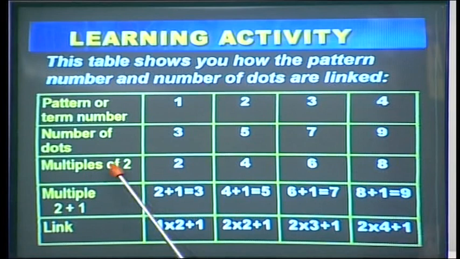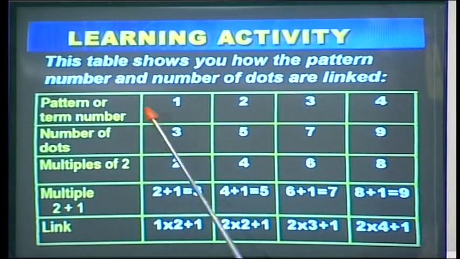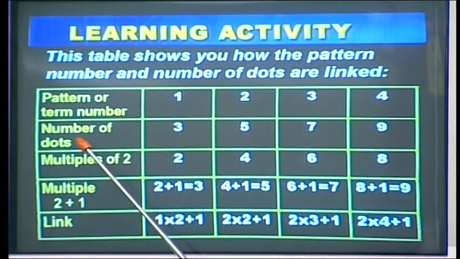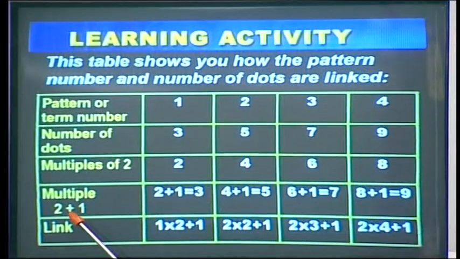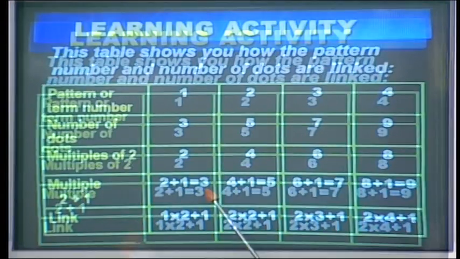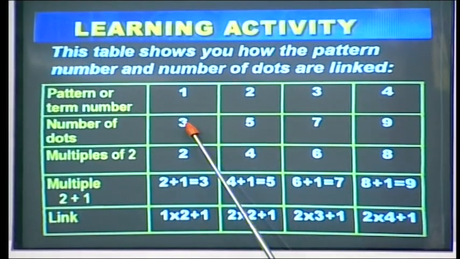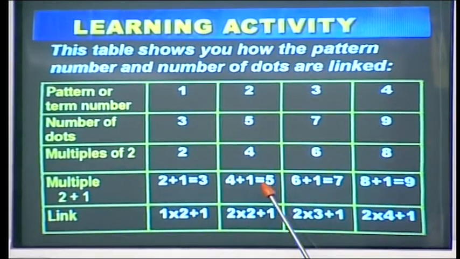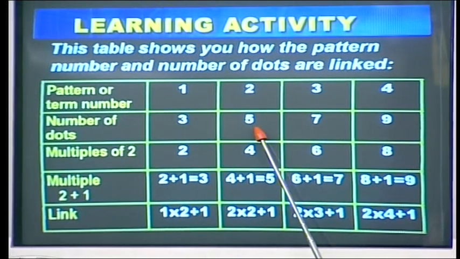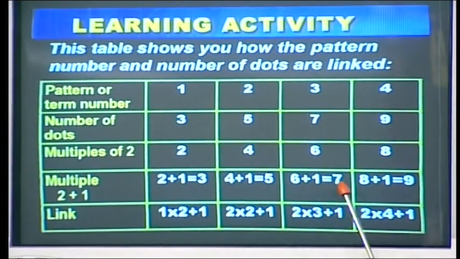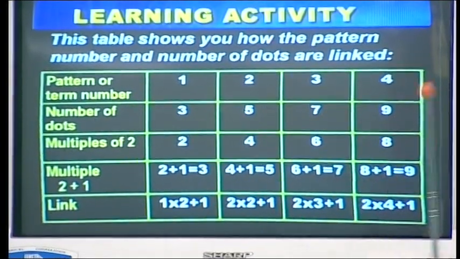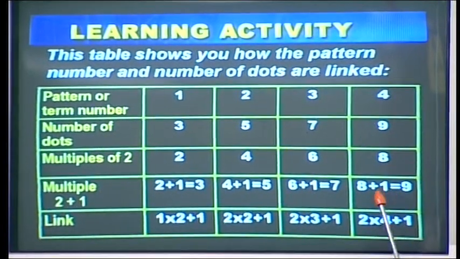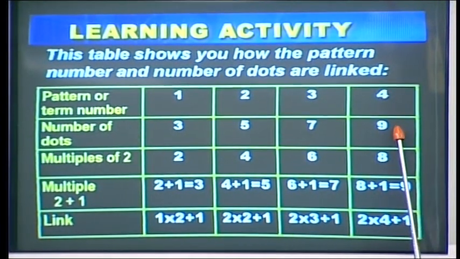This column here is related to the pattern or the term number, which gives you the number of dots. 2 plus 1 is equal to 3. 4 plus 1 is equal to 5. 6 plus 1 is equal to 7. Later we will find out where that 1 is coming from. 8 plus 1 is equal to 9.